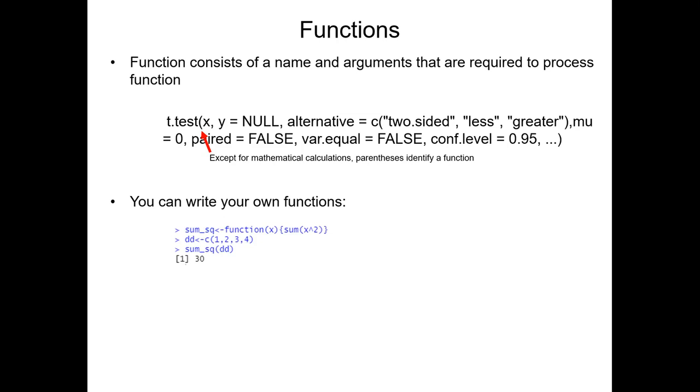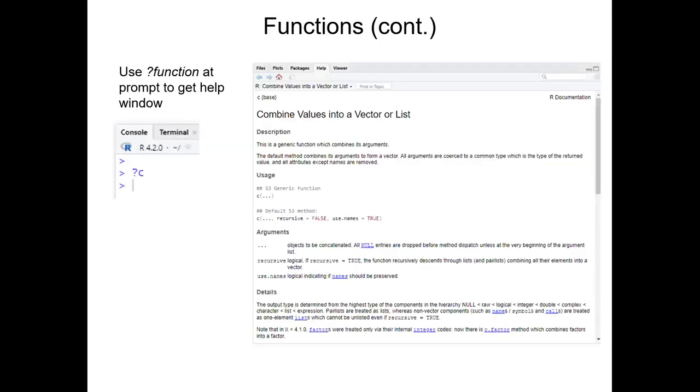So, yeah, functions are very handy in programming. If you ever want to see the information for a function, if you know the name, you can go down to the prompt and type a question mark followed by the function's name.